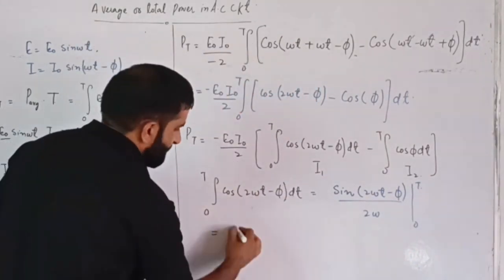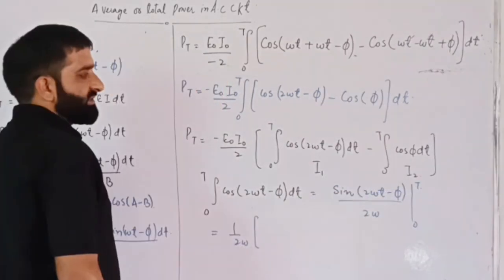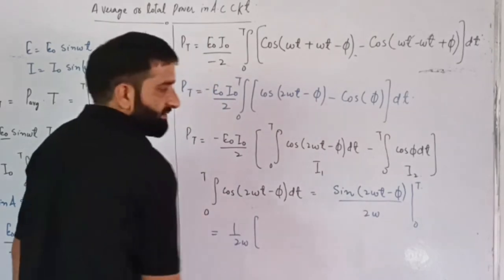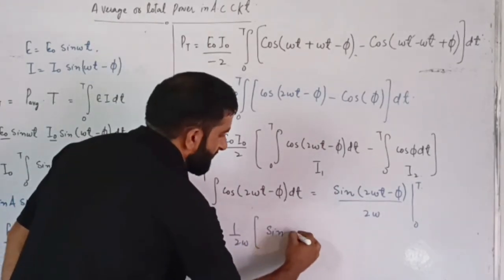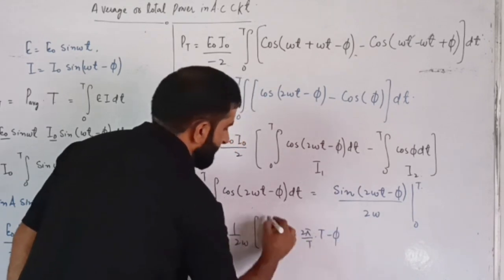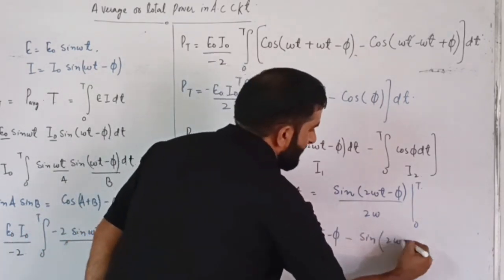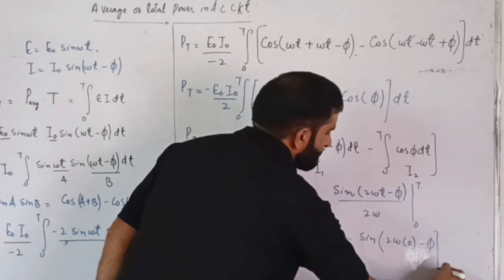Taking 1 by 2 omega out, we substitute the limits of t. So we have sine of 2 into 2 pi by T into t minus phi, minus the lower limit, that is sine of twice omega into 0 minus phi.